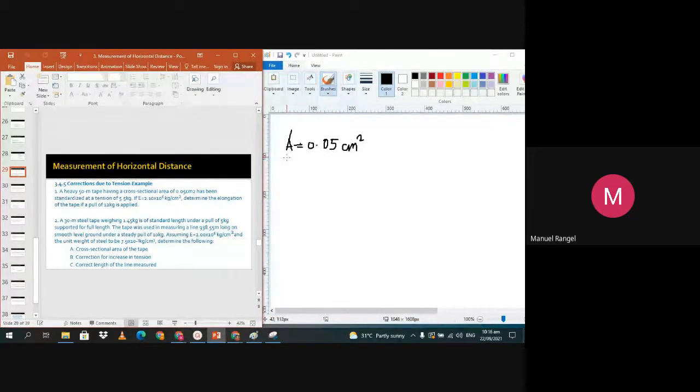So that is the standard pull. Naka-specify naman sa problem is standardized at tension, so that would be the standard pull of 5.5 kilogram.